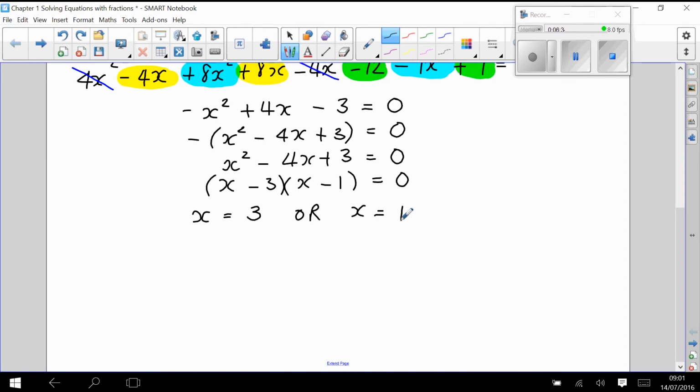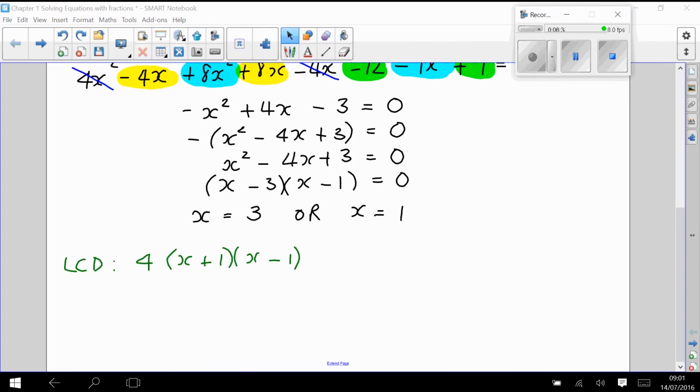In order to find this, I'm going to go back and take a look at my LCD. You'll remember that your LCD was all the factors that were used in your denominator. Now there is one number that you can never have in a denominator, and that is 0, because you cannot have a 0 denominator. It makes any fraction undefined.